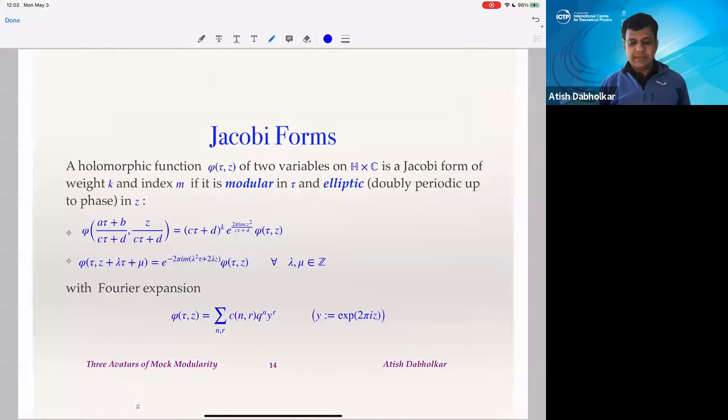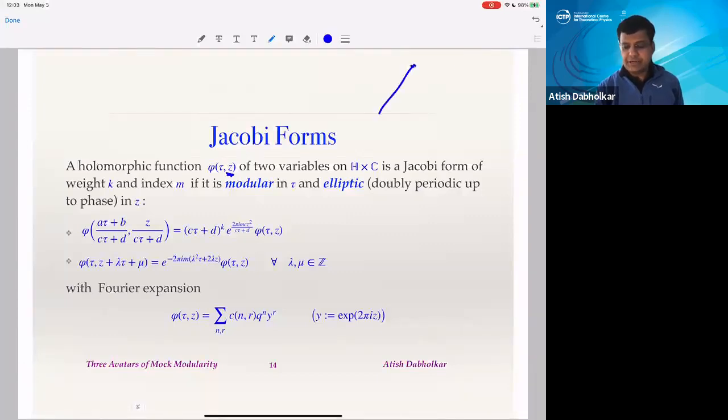Okay, so now let me quickly remind you of Jacobi forms. Sorry to be throwing so much mathematics at you, especially if you haven't been doing these things on the world sheet. This is one generalization of modularity when you add one more variable, a variable z.